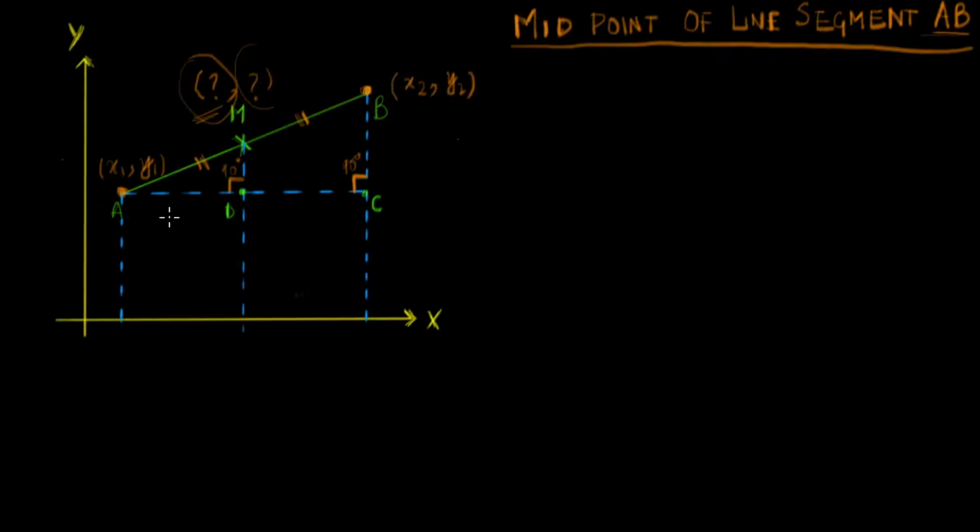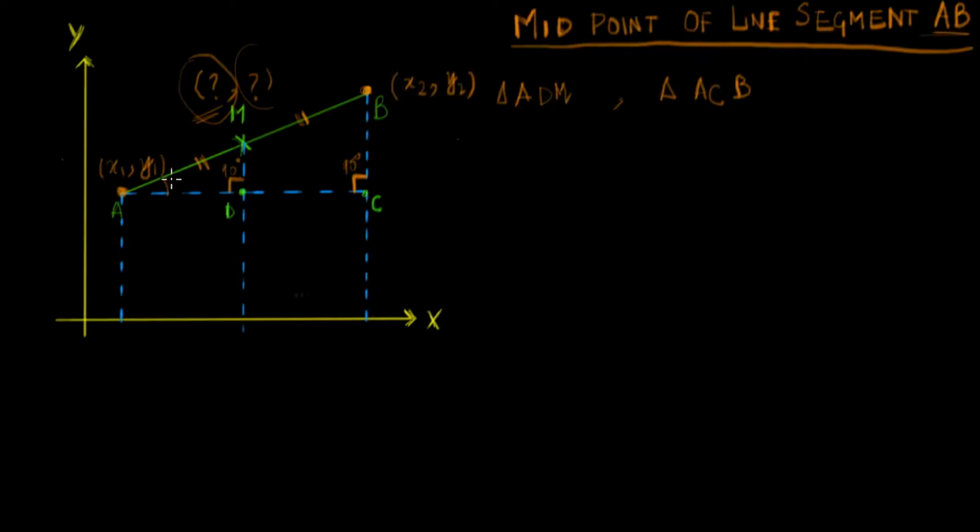If we look closely, we have two triangles, triangle ADM, and we have another triangle, triangle ACB.